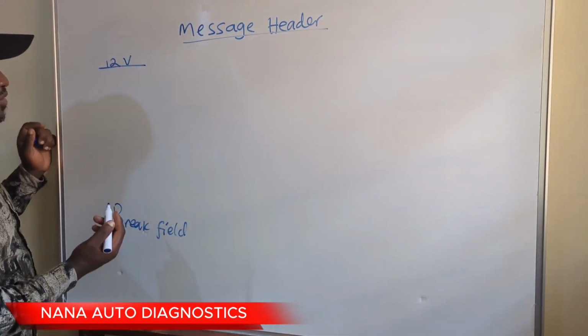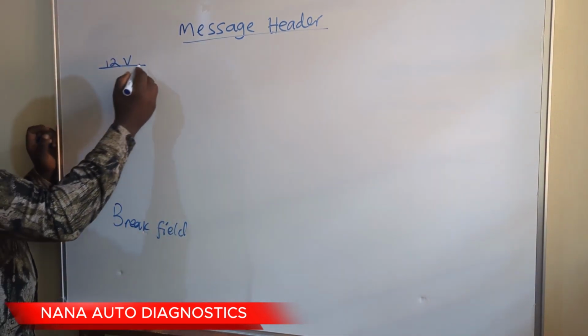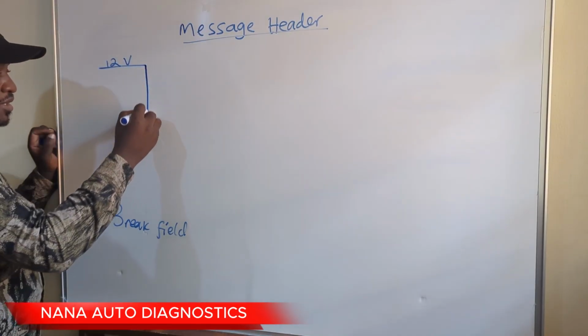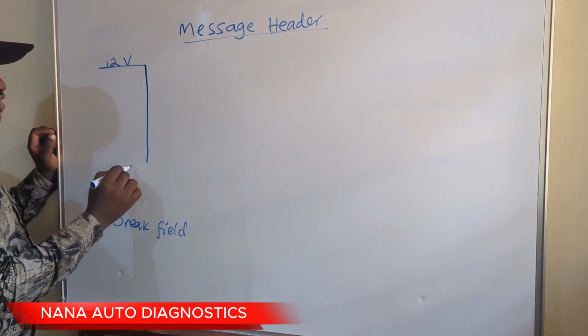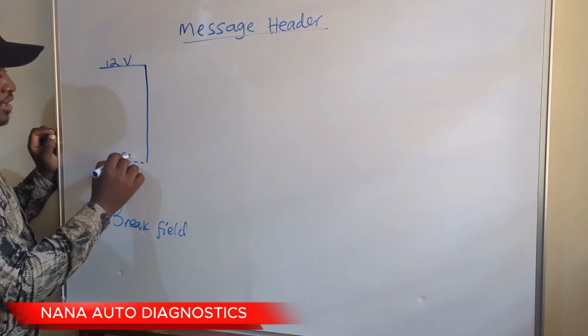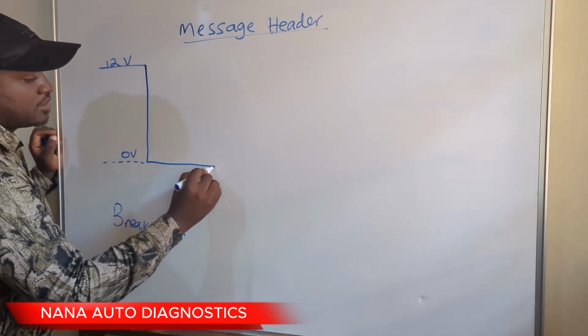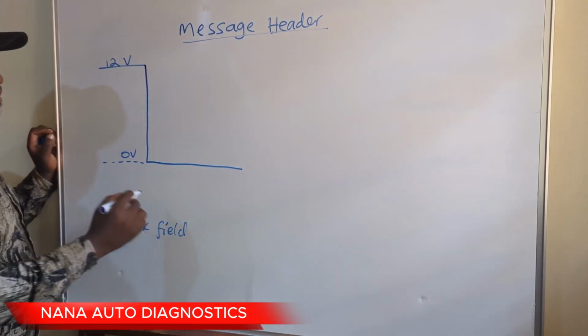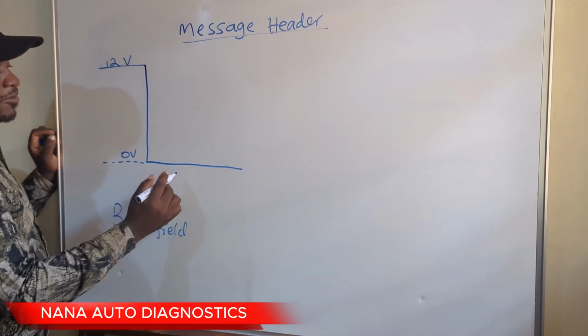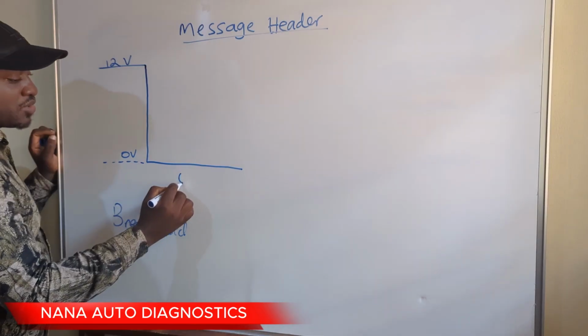And this is how it would appear. So the 12 volts are going to be pulled down to nearly 0 volts, and this will go on for a bit period of 13 zeros.